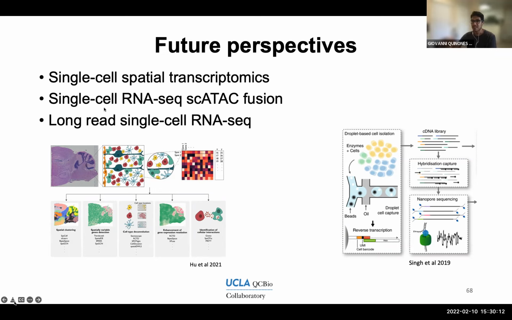And another thing that is very exciting is single cell RNA-seq and single cell ATAC-seq fusion. Very briefly, this also has to do with data integration. It's time to integrate not just different samples, but data from different technologies targeting different biological features.